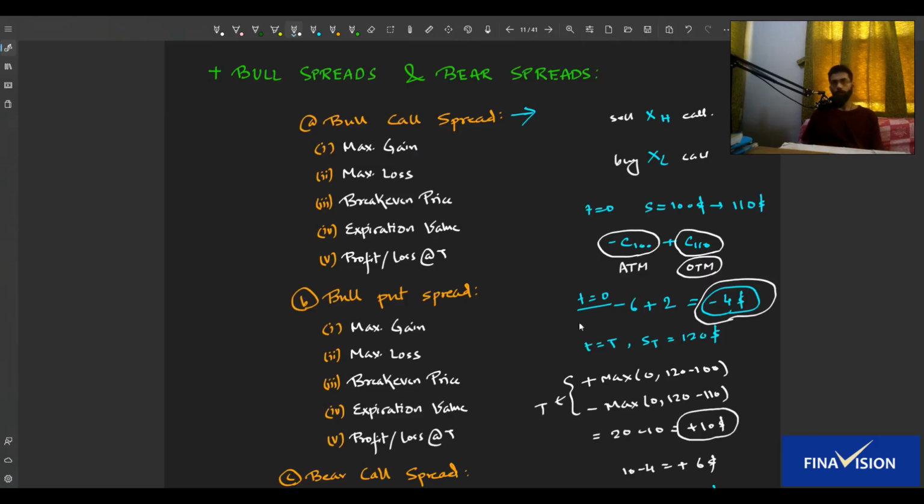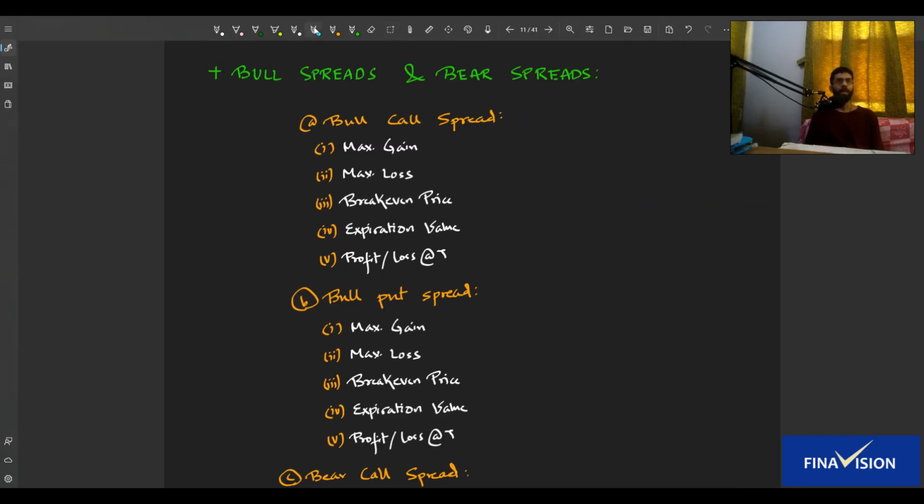So let's remove the rough work and generalize these scenarios. Let me start with the value at expiration. Value at expiration is basically the net value between the option sold and the option bought. Now let's say we bought the option with the lower strike price XL. This is the buy. And XH, the higher strike price option, we have sold. This is the sell.